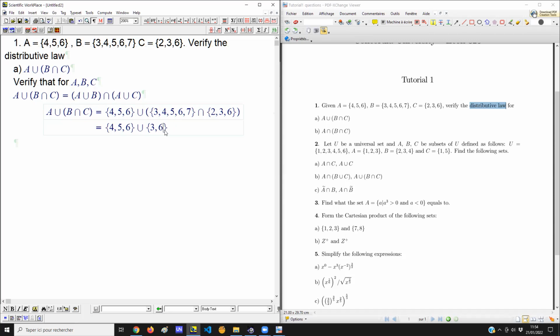And then this is equal to, so I take the union. Here I'm going to add the 3 in front of it. Did I make a mistake? No, I think it's correct. I just missed the 5.